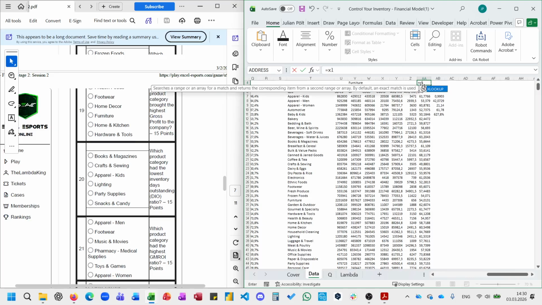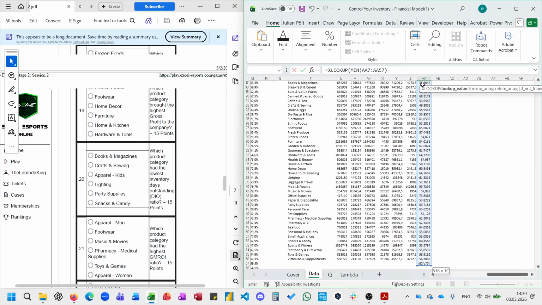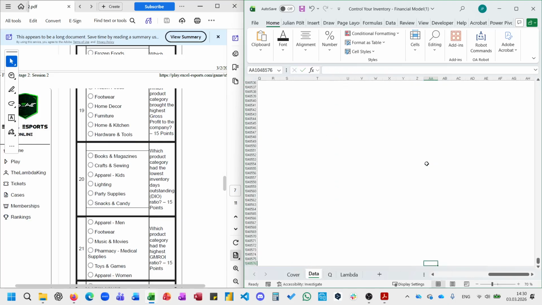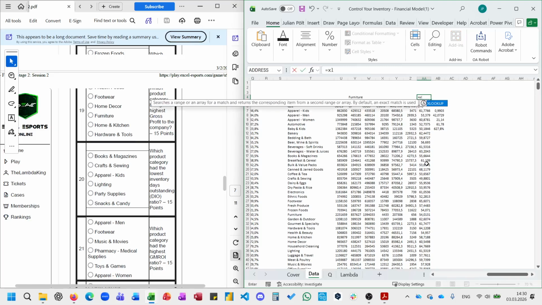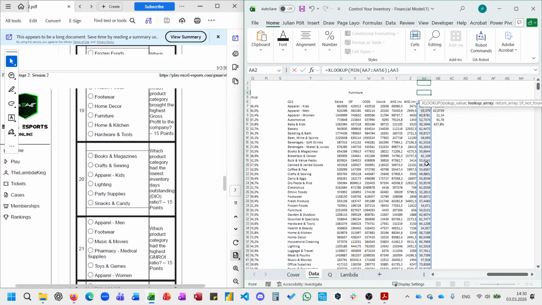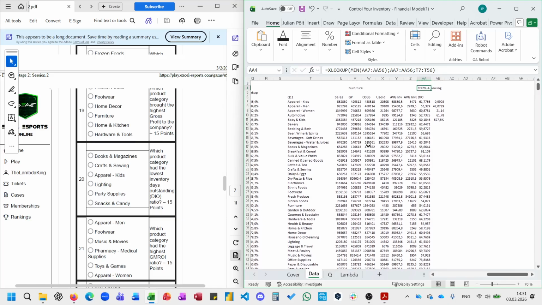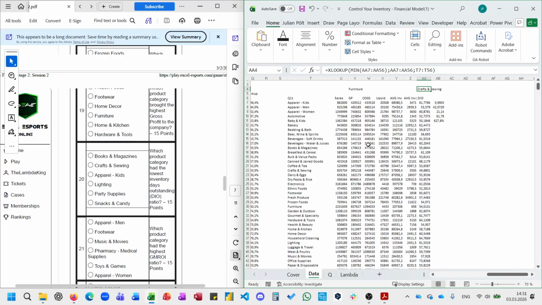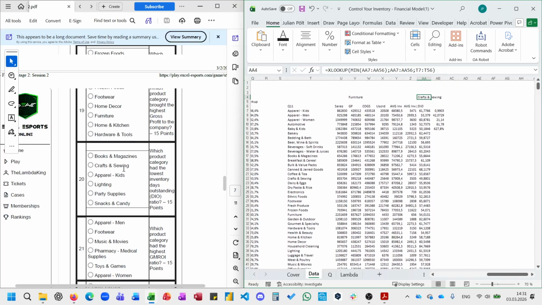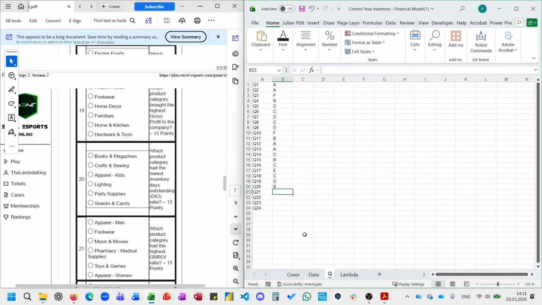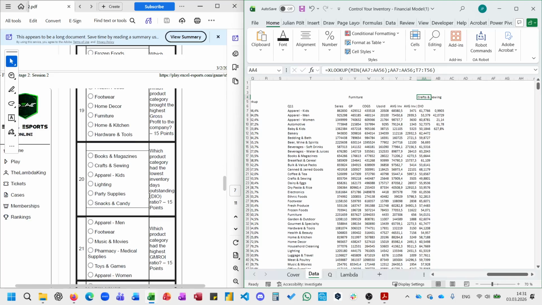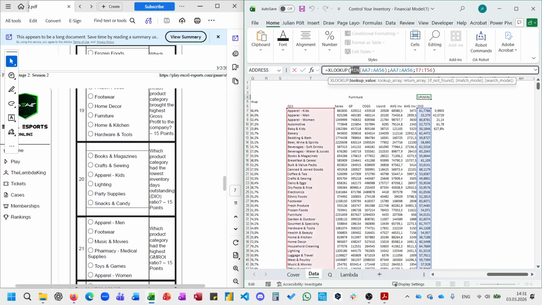Then XLOOKUP min in here, returning the category crafts and sewing. I'm not aware that I've selected this, but hopefully I've selected it in the live adapter. B. Interesting. Have I used the maximum?